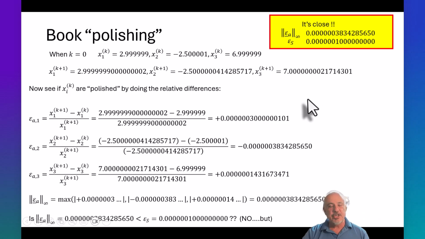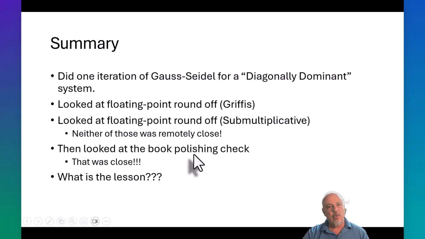The next iteration likely would satisfy the book polishing thing, which is the only thing the book uses actually, but we see that we're quite a ways away from having a solution that is accurate to within floating point round off error. We see that. So this caught me by surprise, quite frankly.